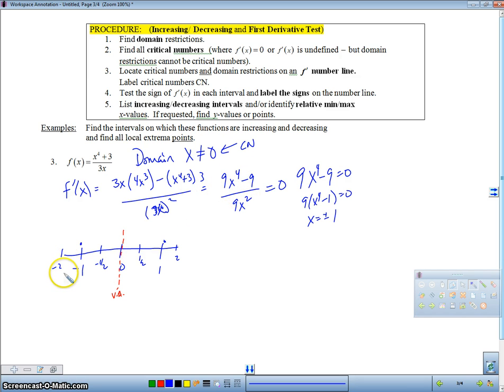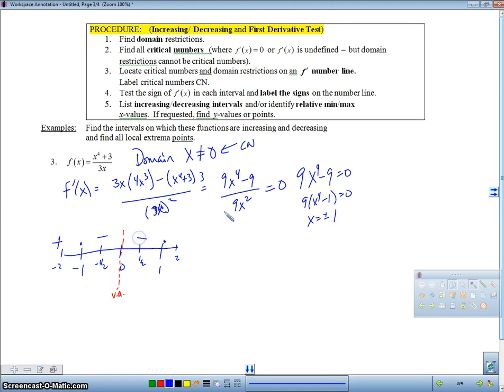It's pretty easy to figure out what's going on here. When we put a -2 in, we've got squares, so these stay positive, and this is bigger than that one, so we have positive. The -1/2 makes this bottom smaller, so we're going to have a negative right here.